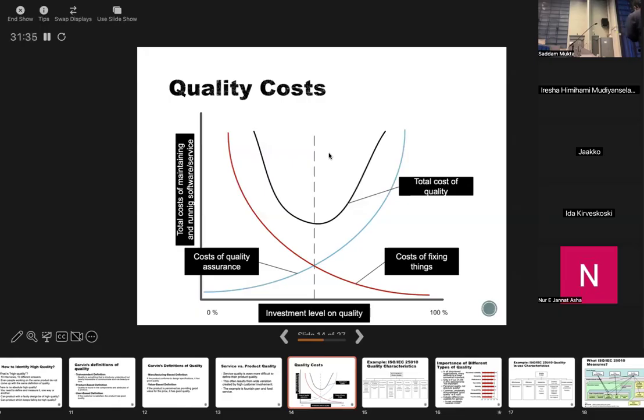Finding this point is difficult, but there is some managerial way to find it. How can we find this point and how can we balance the investment level of quality and total cost of maintenance?